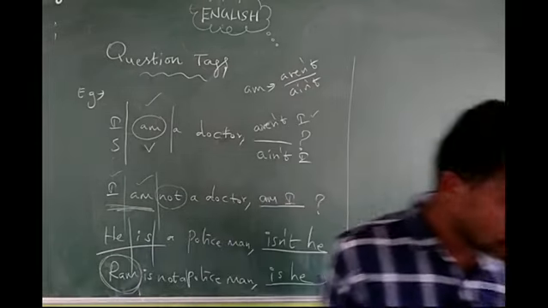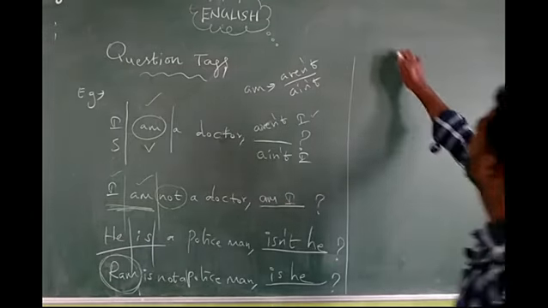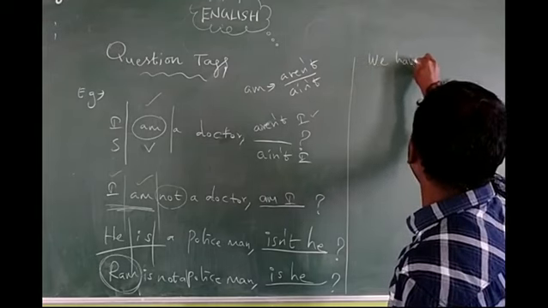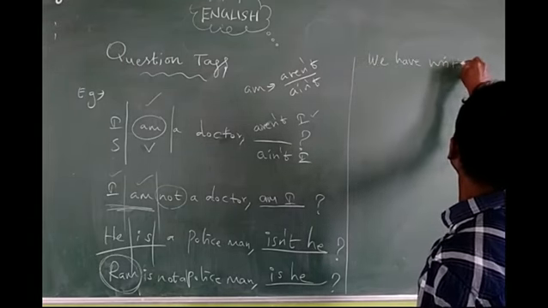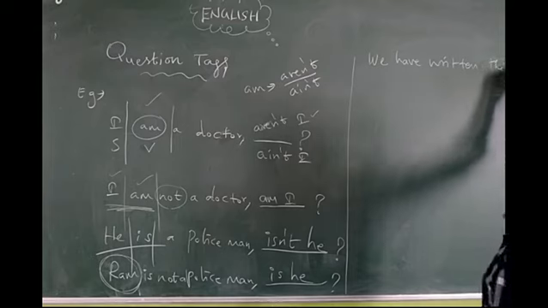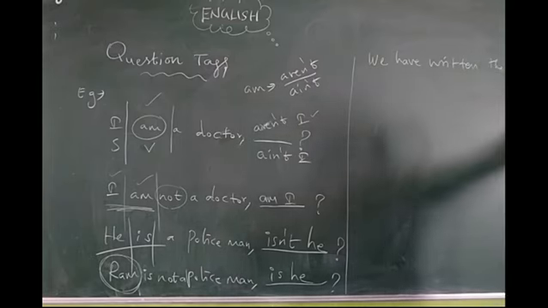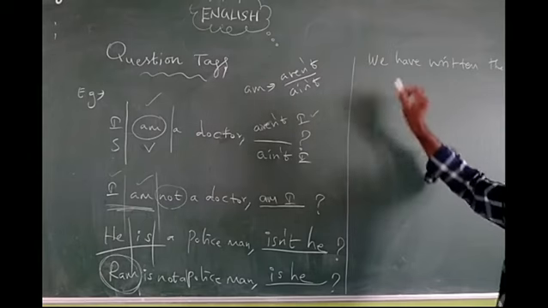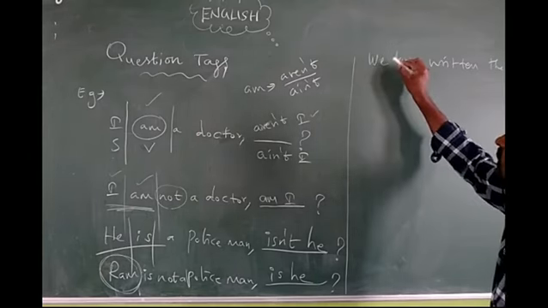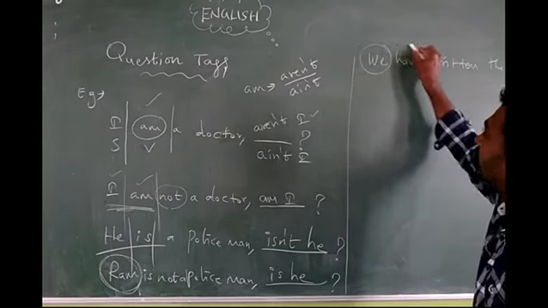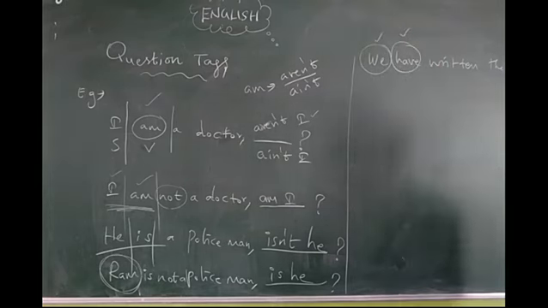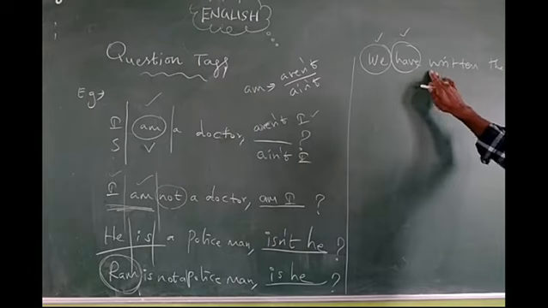Remember, children, an example sentence: "We have written the test." Just see, we must need the subject and verb. These two things are enough. Remaining things we don't need. You just have to identify whether the sentence is positive or negative.